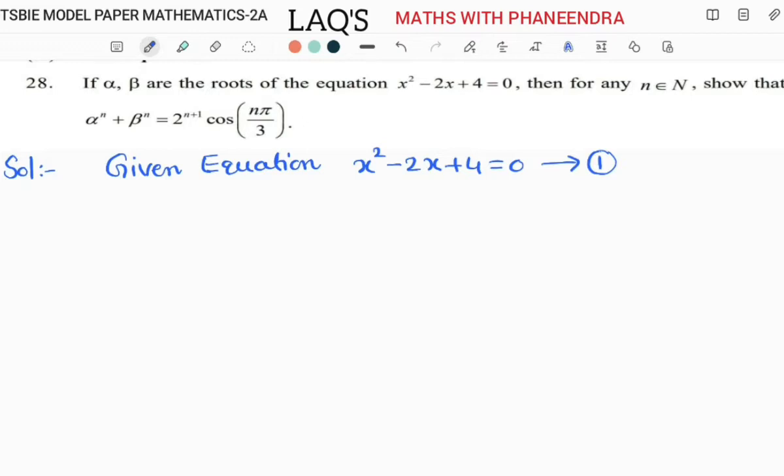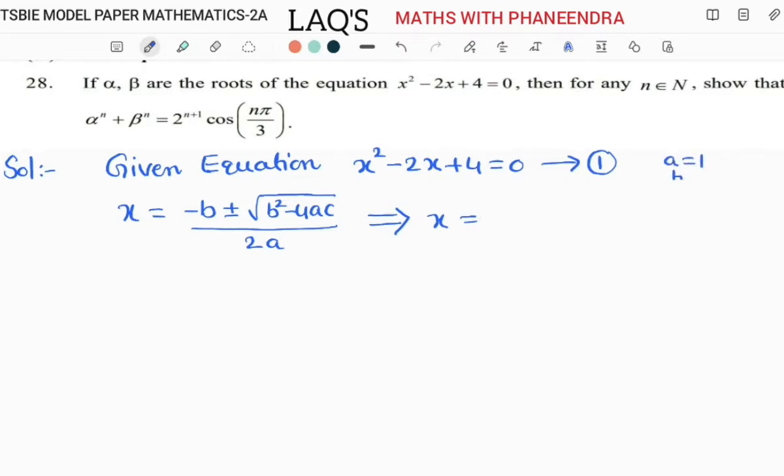So roots of this quadratic equation, no? Therefore x is equal to minus b plus or minus root over b square minus 4ac divided by 2a. Here a is equal to 1. This quadratic equation compare with x square plus bx plus c.